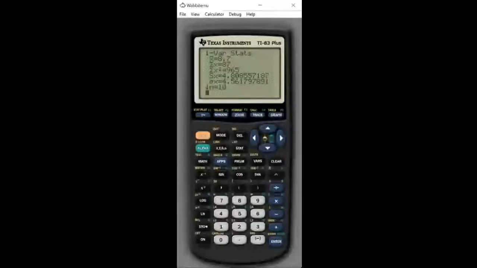Let me come back to the calculator. Here it is. Okay, so if you notice, guys, there's that little sigma with the X. That's my sigma. That's my population standard deviation. I need to round that number to 1 decimal point because it says round to the nearest tenth. So 4.56 would actually be the number 4.6, right?